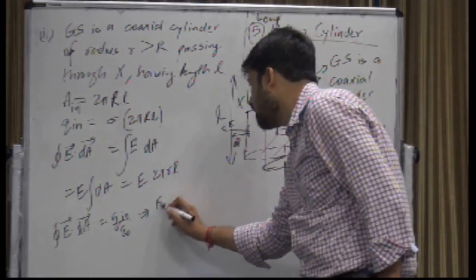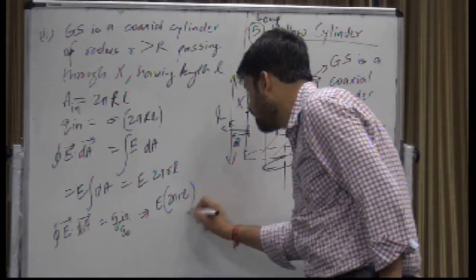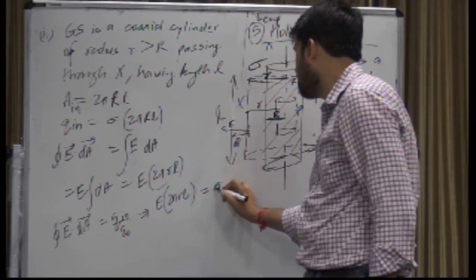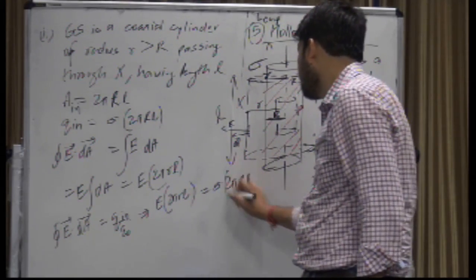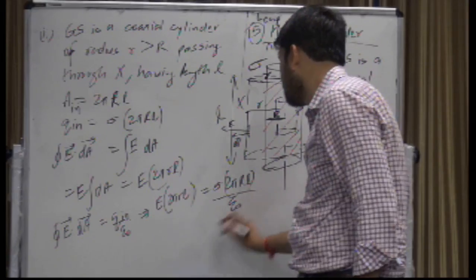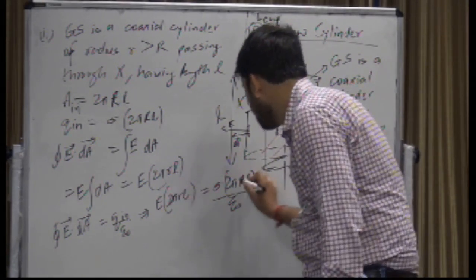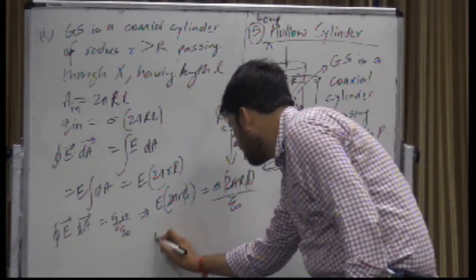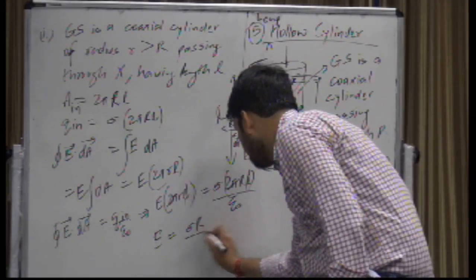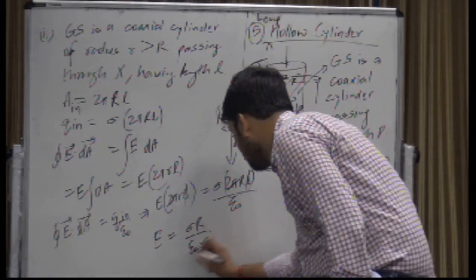So E 2 pi r l is equal to sigma 2 pi R l upon epsilon naught. So 2 pi cancel, l cancel, E is sigma capital R upon epsilon naught small r.